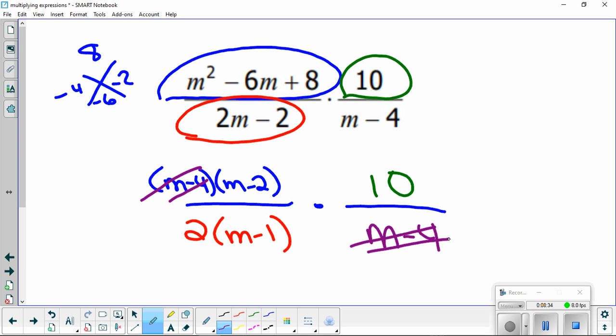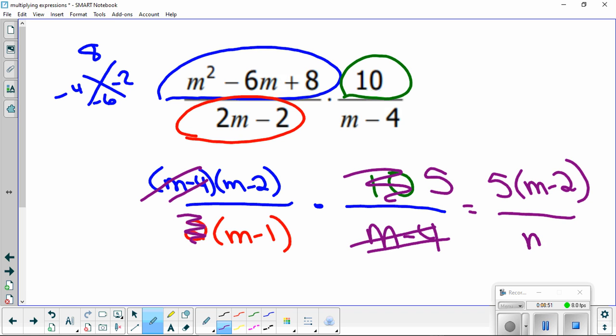You just make the 10 and the 2 times 5. How about this guy into nothing and this guy into 5? Is that cool? And now I just squish it all together. 5 on the outside, M minus 2, and M minus 1 on the bottom. And that's it. That's factor, cancel, squish.